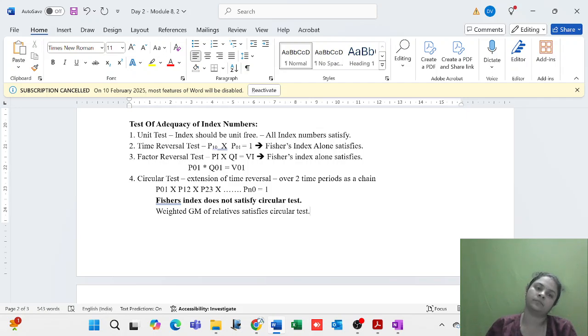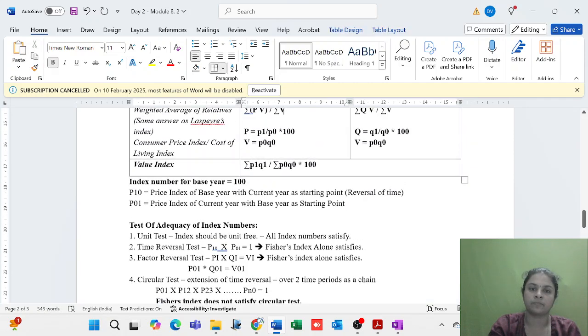Ma'am, the Marshall Edgeworth formula and the tabular column were there, ma'am. Yes ma'am. Can you scroll this a little? Yeah.